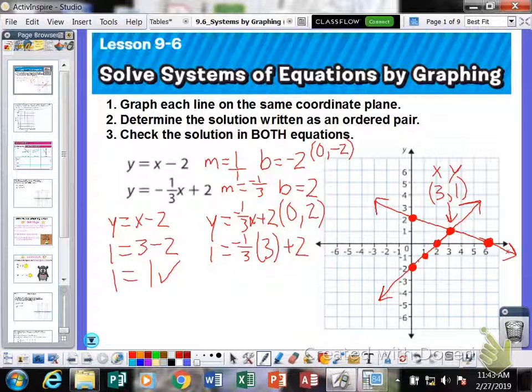And this is going to give me 1 equals negative 1/3 times 3 is negative 1 plus 2, and I get 1 equals 1 there. Okay, so that does work. So that is our correct intersecting point.